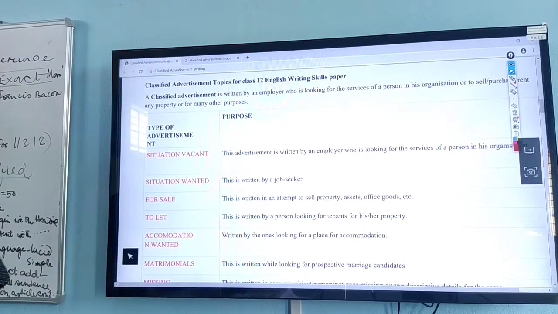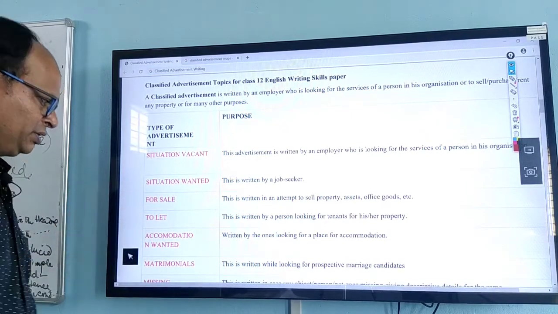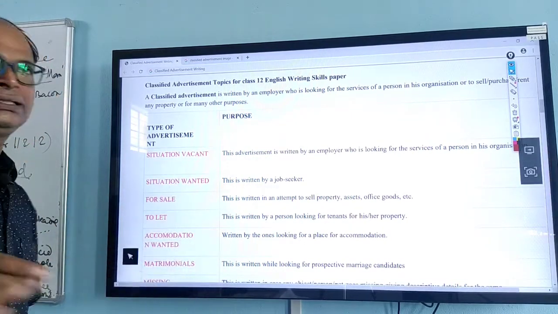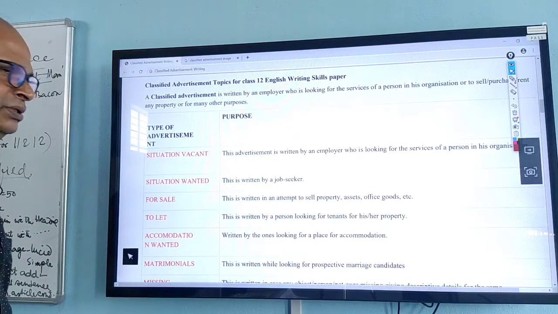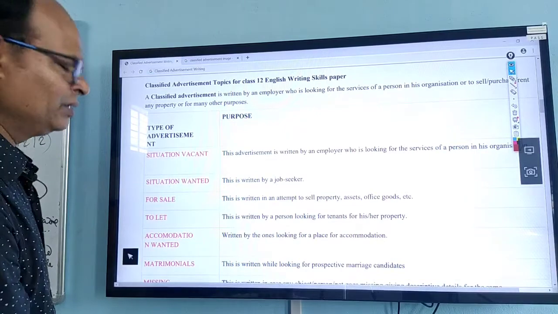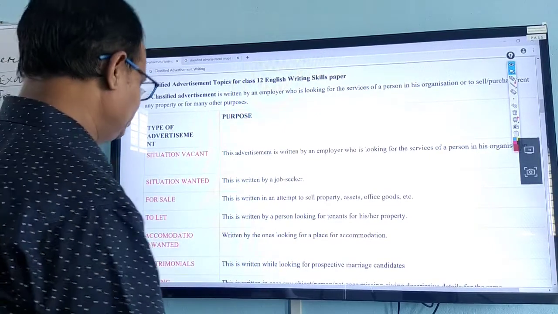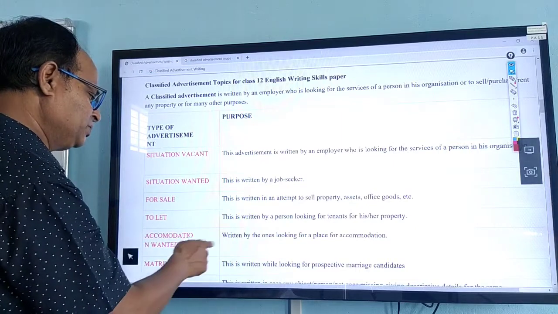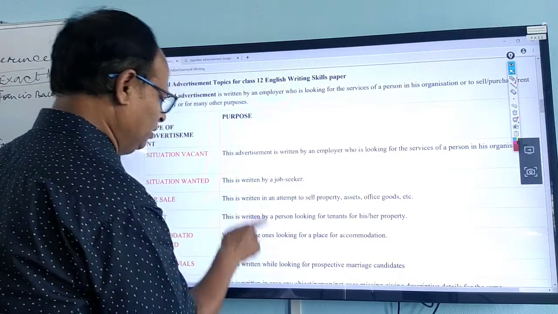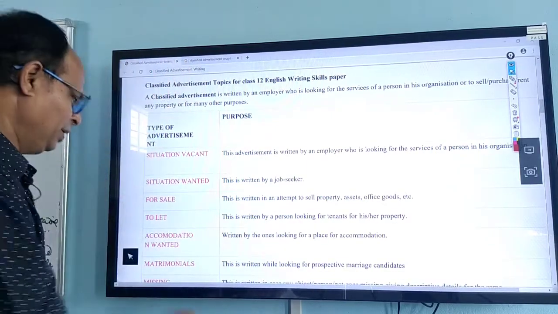Then accommodation wanted: suppose you are going to open a particular bank or institute, and what is wanted is accommodation. When you give the advertisement, a lot of offers will come quickly and spontaneously, and accordingly you can make the arrangement. It is written by those looking for a place for accommodation.